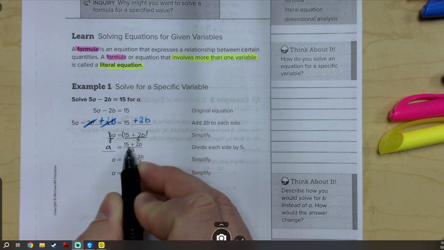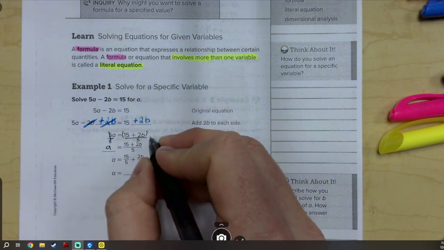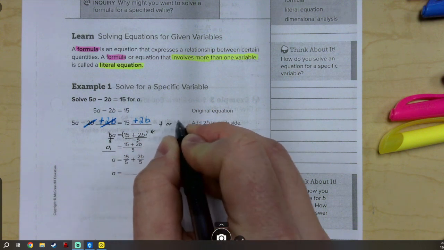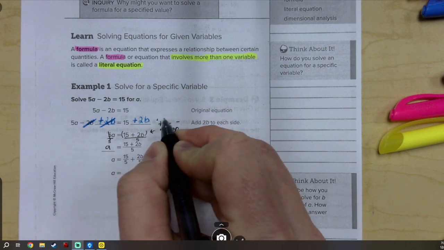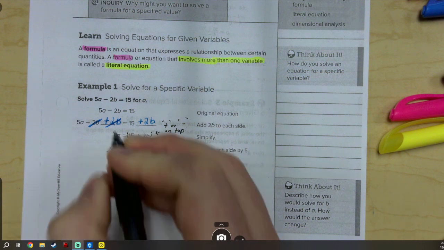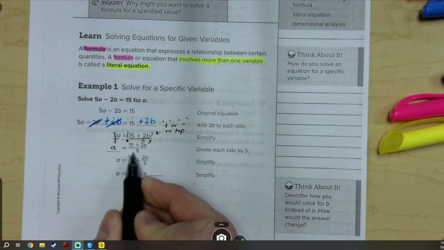Now, simplifying, as long as the plus or minus sign is on the top, like right here, we have a plus sign, this will split into two different terms.